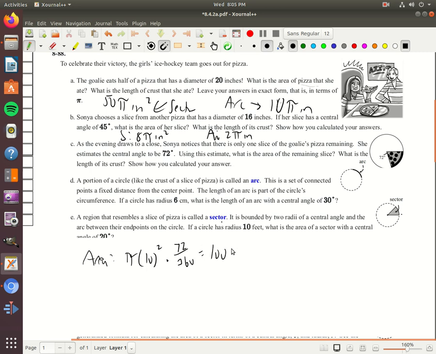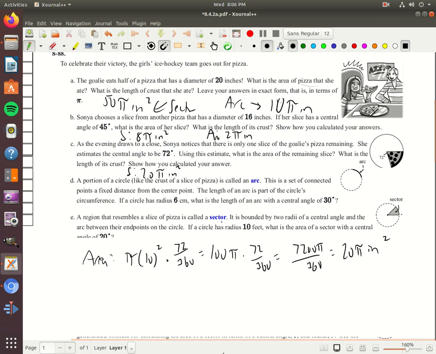So we're going to get 100 pi times 72 over 360. That's obviously going to be 7,200 pi over 360, which will be 20 pi inches squared. So on this one, our sector is going to be 20 pi inches squared.